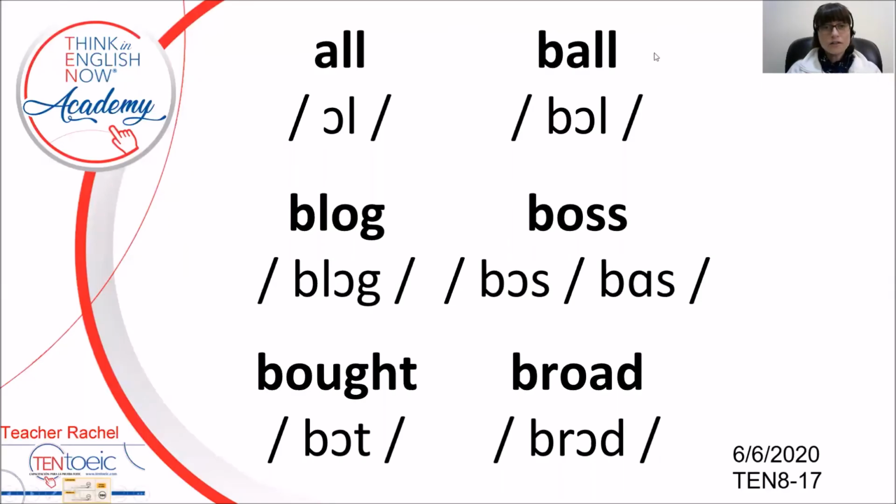All. All describes everything. So I want to eat all the pizza, the whole thing, every piece. All. Ball. Ball is round, and we use it to play sports like a basketball, a football, a soccer ball.